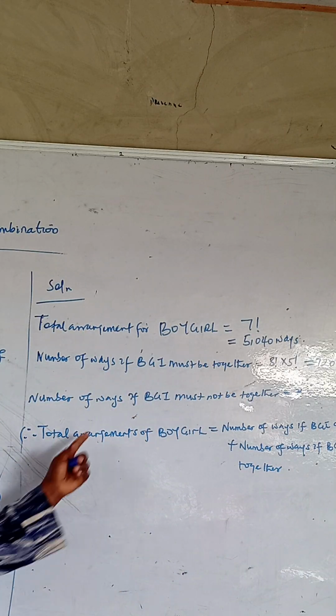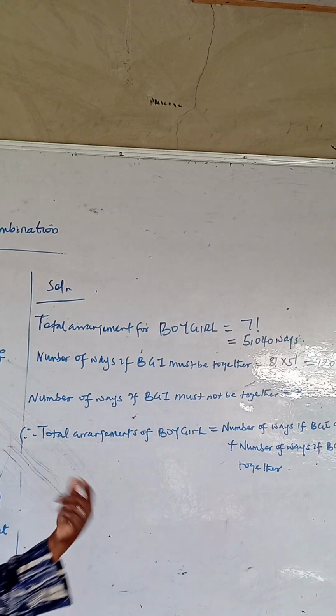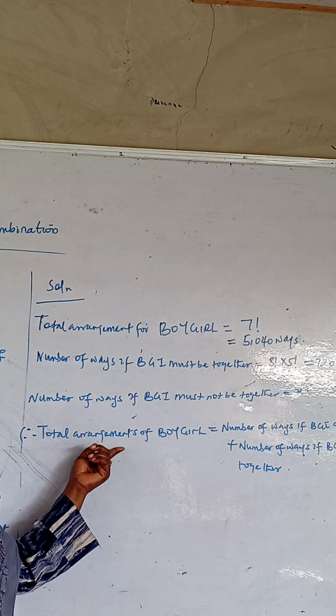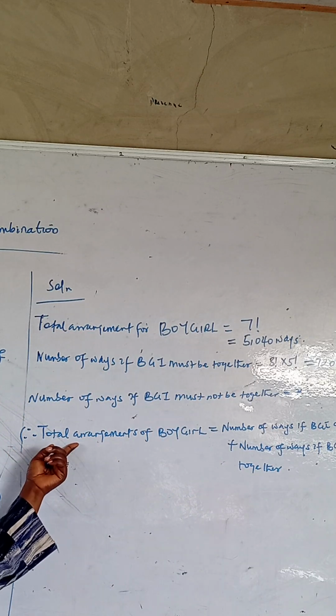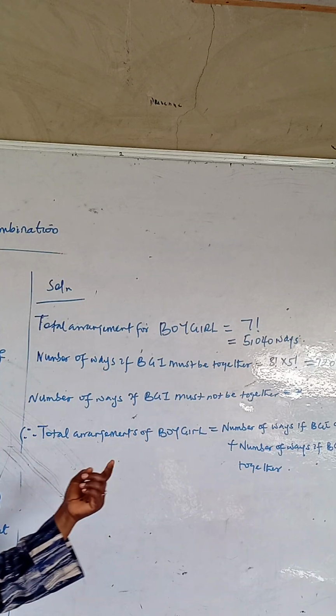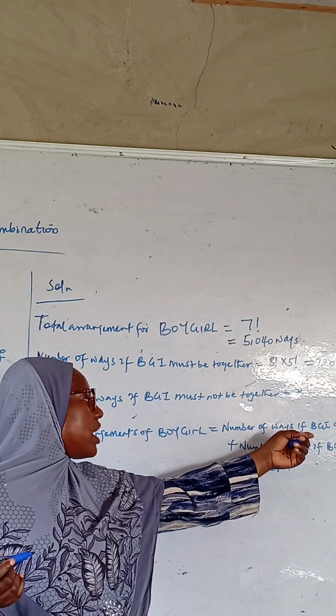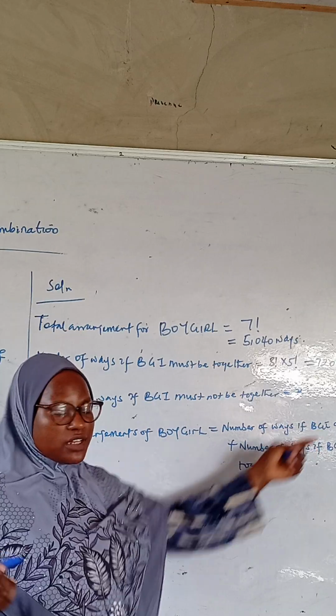So now, out of these 3 parameters, we already know 2. We know the total arrangement of BOY GIRL, and we also know the total arrangement of BOY GIRL if BGI are together. So what do you do?